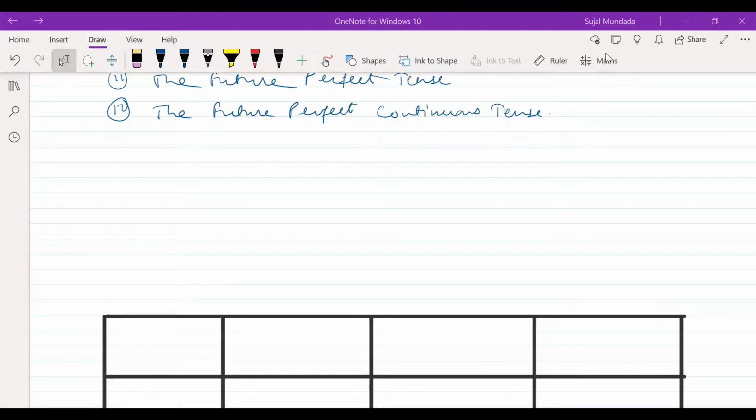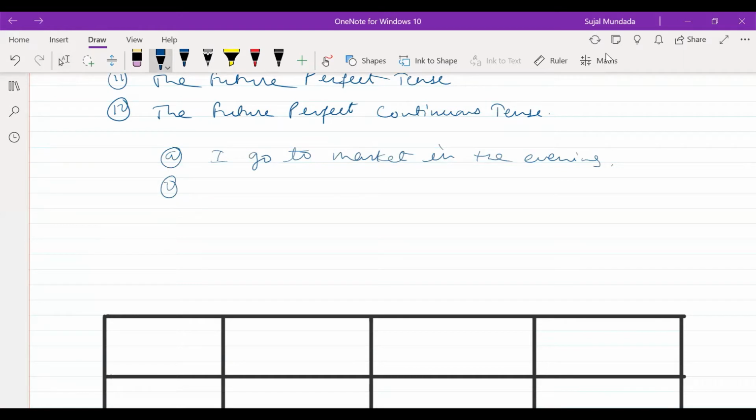Now, in our study of tenses, it is very important for us to understand the verb structure. Now, why am I focusing on verb structure? Just to understand this, I will like to write down a few examples here. Now, for example, see, I go to market in the evening.